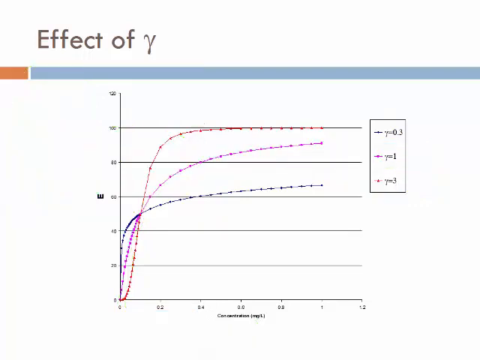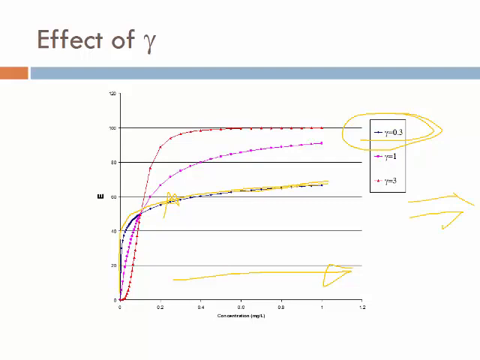So let's compare that then to our smaller gamma. So here we have a gamma of 0.3. It's our lowest gamma here. What we see with this is we see an increase in effect as we increase the concentration, and then we see a real slowdown, right? And as we're increasing the concentration, we see very little increase in our effect. And in fact, we're not going to see 100% until like maybe a mile down the road that way, right?